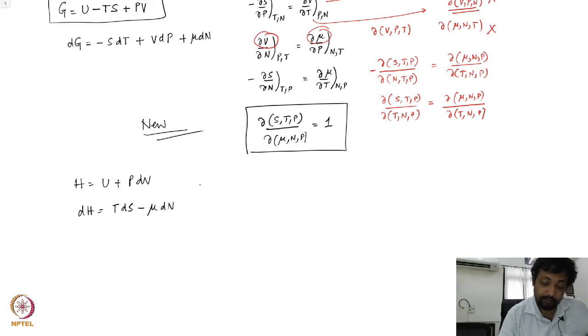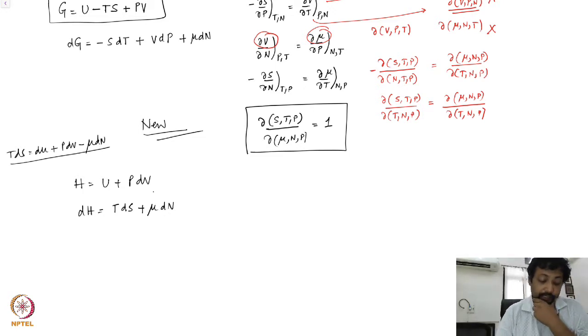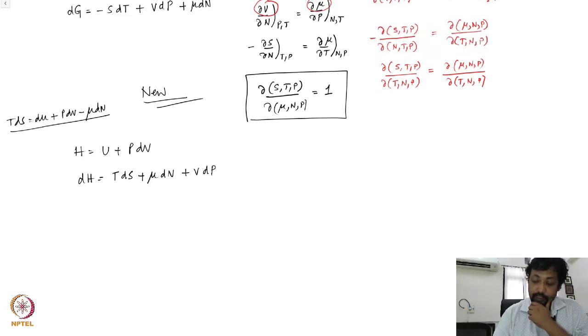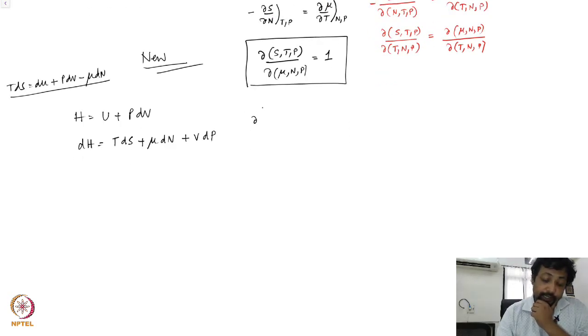Is that correct? Or is it plus mu dN? Because your first law is TdS is equal to dU plus PdV minus mu dN. Never forget your first law. And therefore this is, and then again you have plus V dP. Once again you can write down the Maxwell's relations.